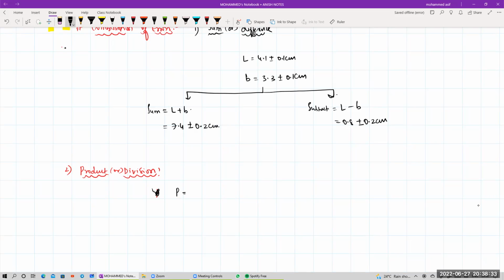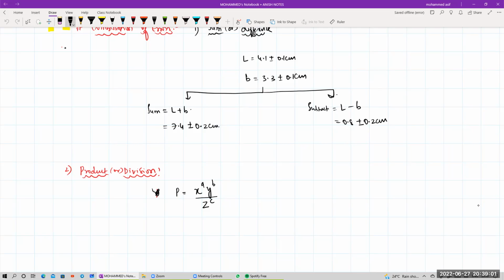So what value can I take? Any value. P is equal to X to the power of A, Y to the power of B, divided by Z to the power of C. Okay. So what is the error? Error in X is how much? Delta X. Error in Y? Delta Y. Error in Z will be equal to how much? Delta Z. Isn't it?